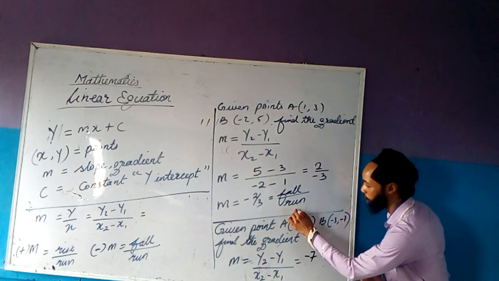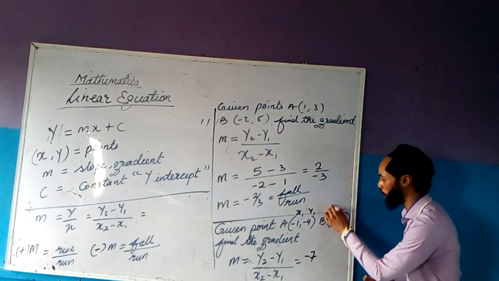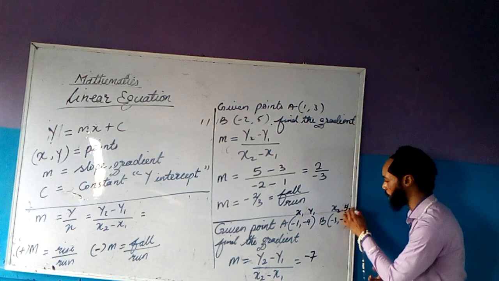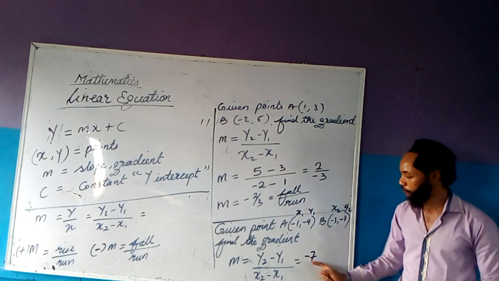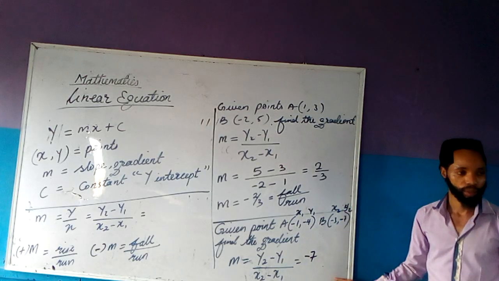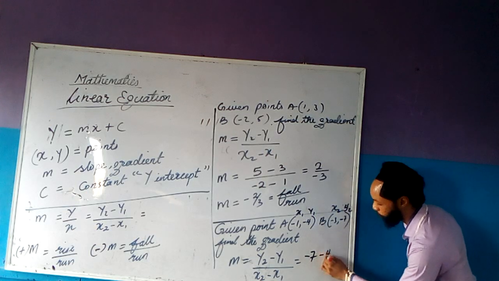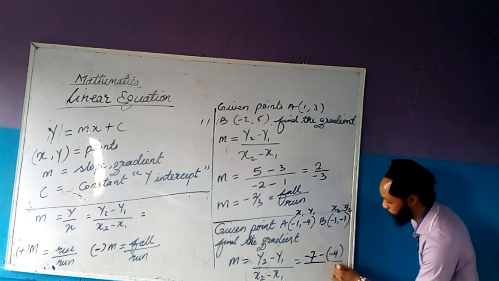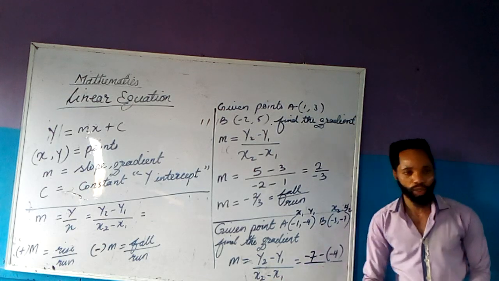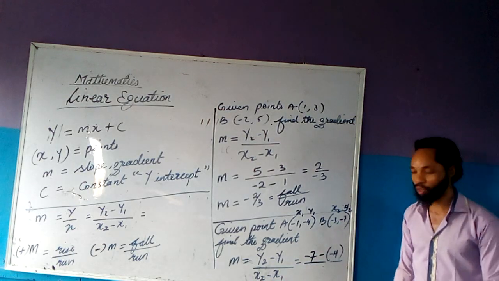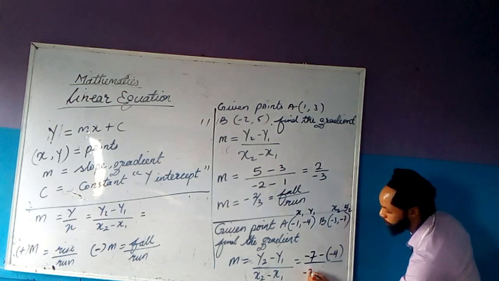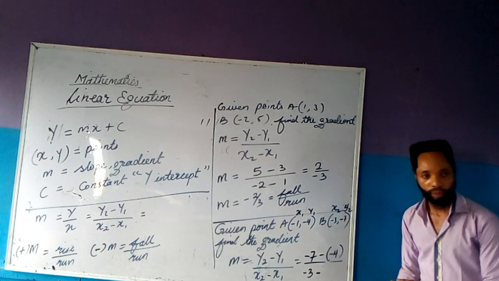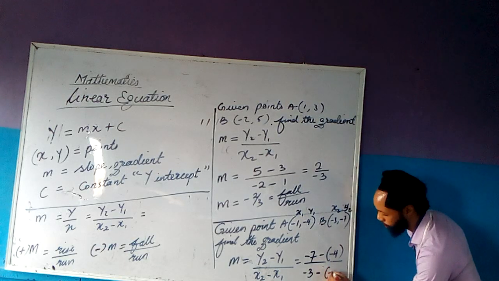Look at it: x1, y1, x2, y2. Now what's our y1? Negative 4, so minus negative 4. Now, what's our x2? Negative 3, minus our x1, which is negative 1.